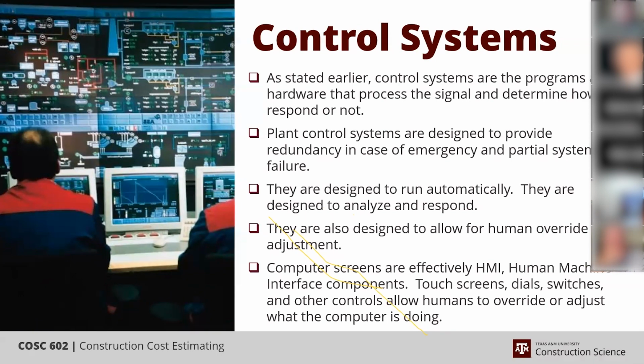The programs all together are designed to pretty much run the plant without human interface, but you have to have humans there to override the system, because the system doesn't know what to do at all times. So in the end, it still falls back to humans, but the programming takes care of a lot of the daily redundant readings and decisions, and then waits to be overridden by the humans in the control room.